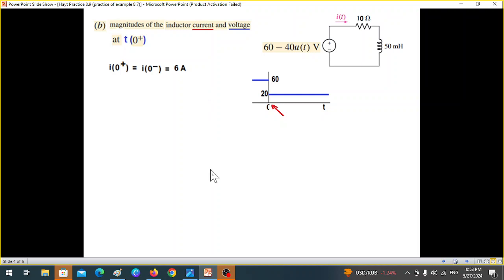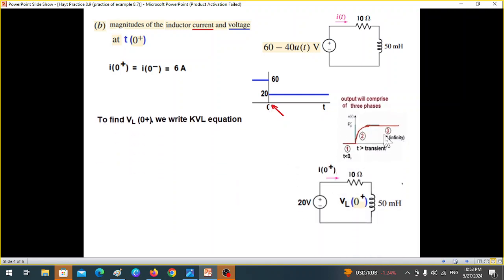What about the voltage? As I mentioned, the moment we cross 0, the transient state starts. And in the transient state, the inductor will not be a short circuit. It will remain there. But what we'll do is write this voltage across the inductor as VL0 plus, and write the KVL equation.